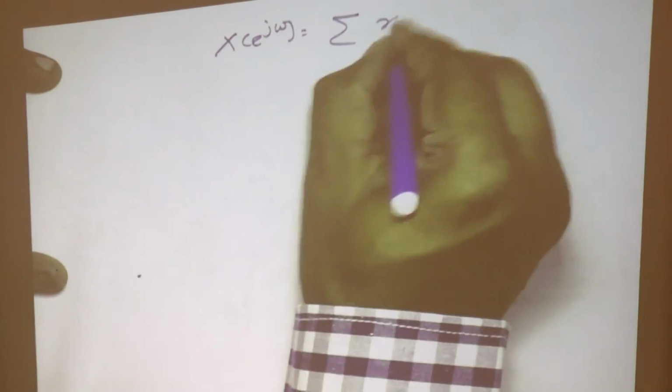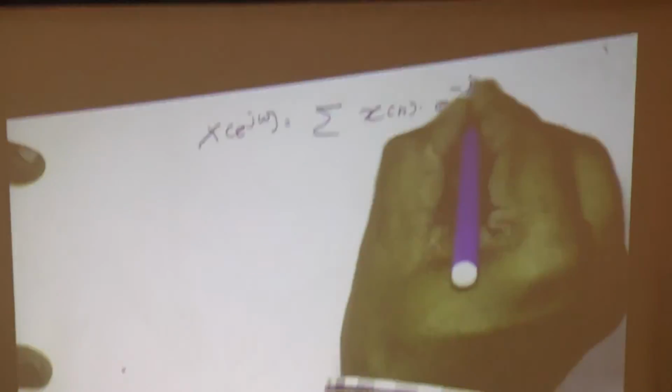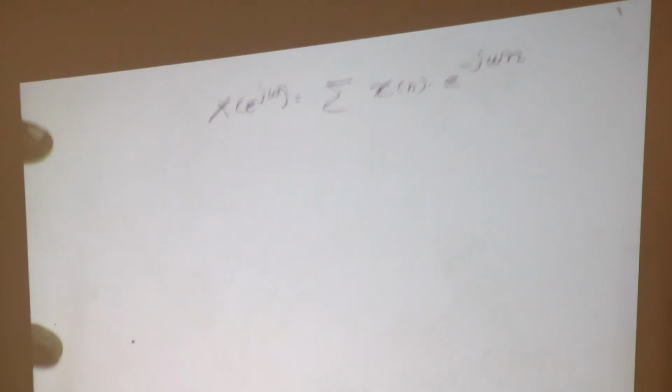Any questions so far? If it is not clear, I will make it more clear by saying once again, X of e to the power j omega is equal to summation x[n] e to the power minus j omega n, n going from 0 to capital N minus 1.